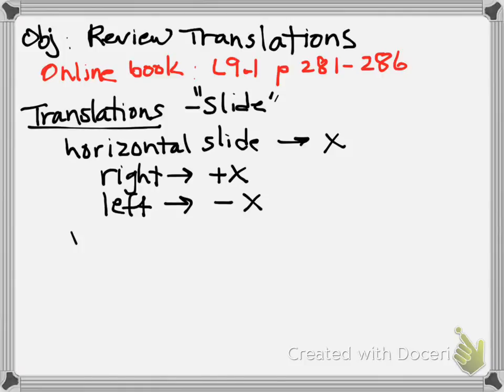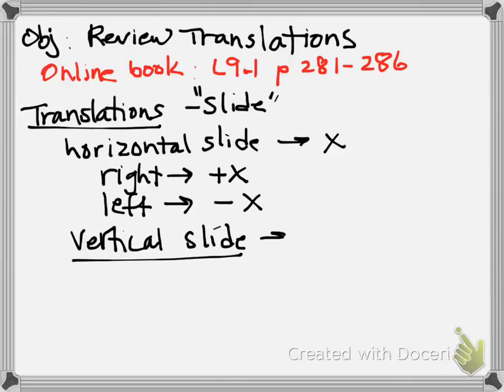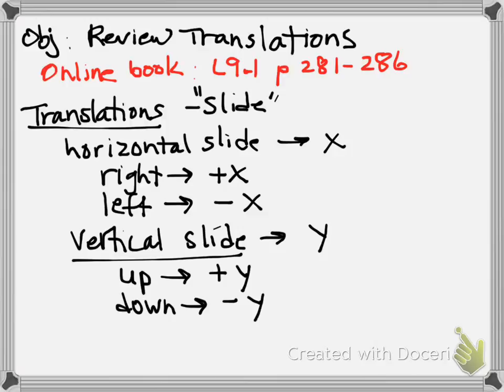You can also do a vertical slide, which is dealing with your y's, and you can either go up if you have a positive y, or you can go down if you have a negative y. And then you can also do a combination.